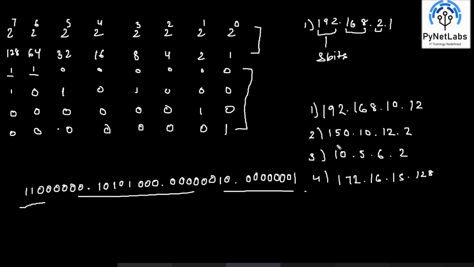I want you to convert these IP addresses into binary form, and once you are done you can post your answers in the chat box. I'm giving you a good 15-20 minutes. You can take your time.